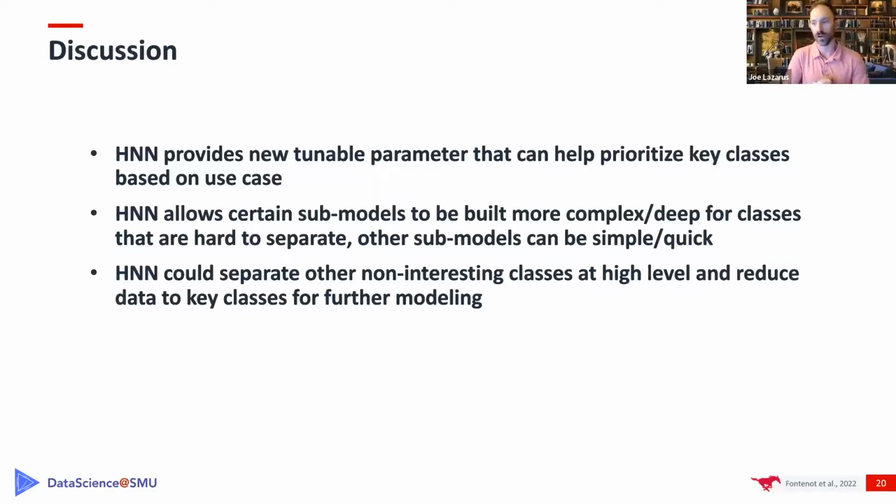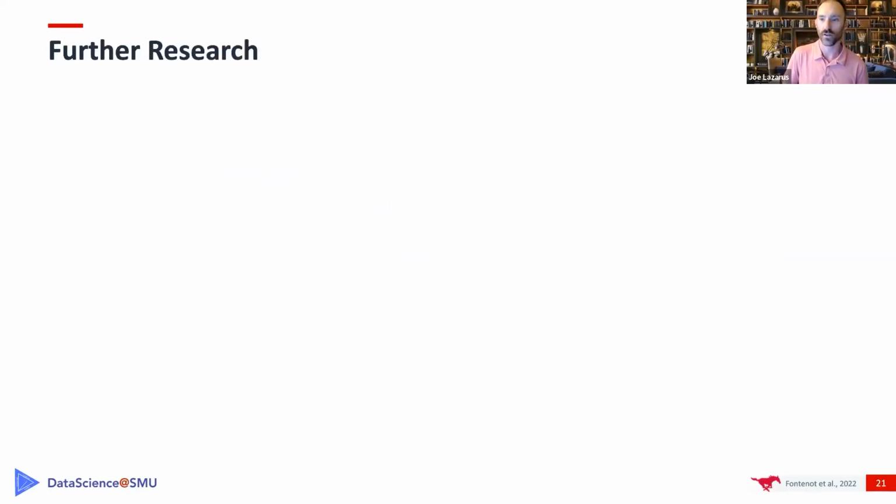If you were interested in exploring this topic, you could look deeper into optimizing the structure. Another area of research is that you could use the hierarchical structure to separate out non-interesting classes. If this type of research is interesting to you, we would love to hear from you and pass the baton off to you.